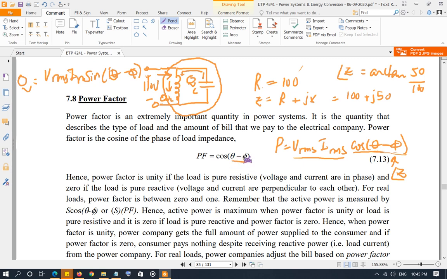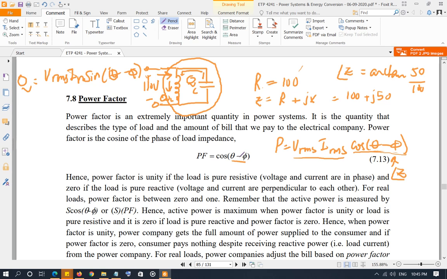If theta minus phi is between 0 and 90 degrees, then your load is inductive, and cosine of theta minus phi is going to be less than 1 but more than 0. If theta minus phi is 90 degrees, then power factor will be 0 and your load will be purely inductive.